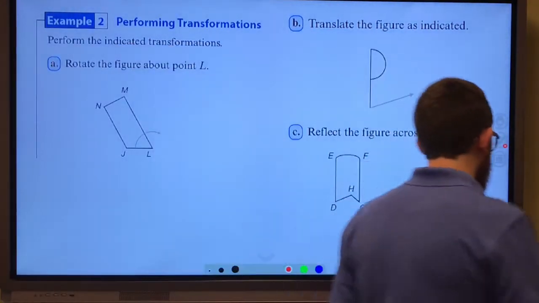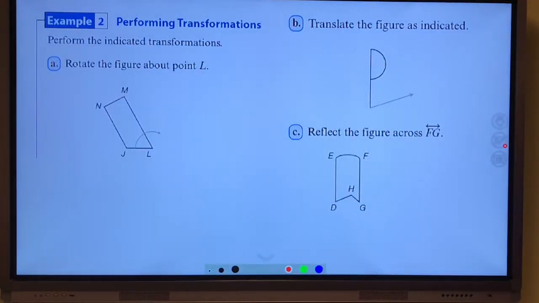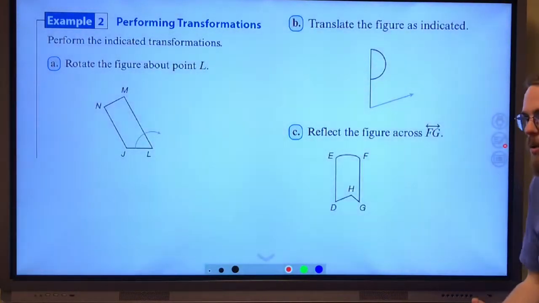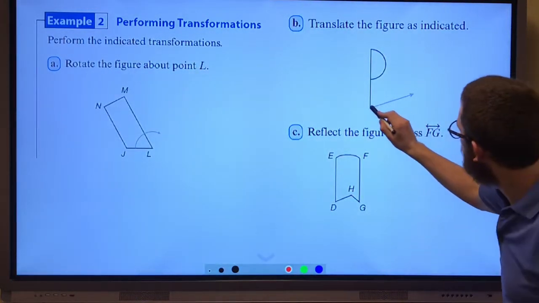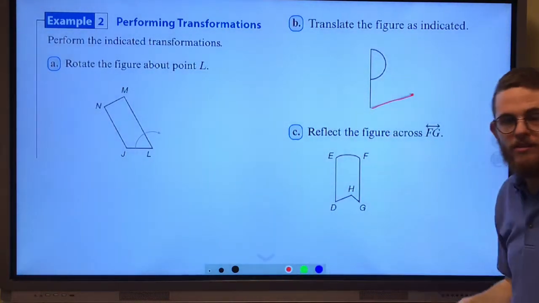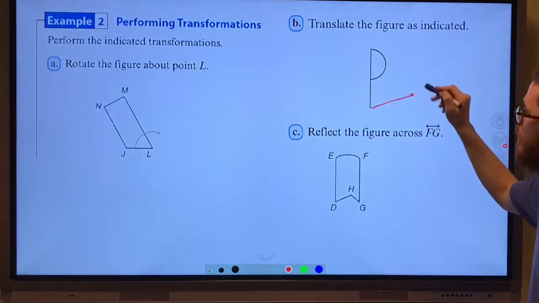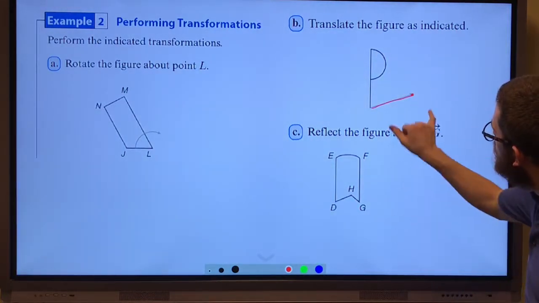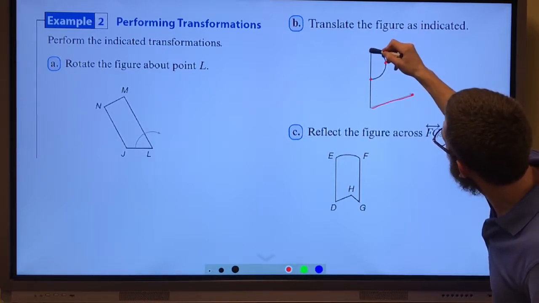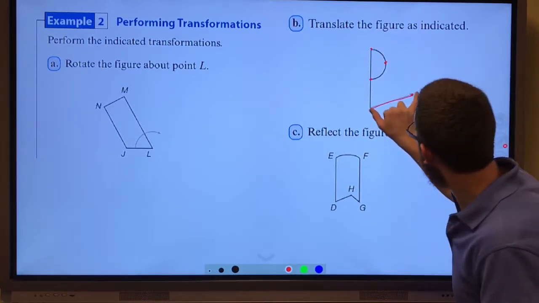Now, continuing with these, B, we want to translate this figure. If we want to perform a translation, we want to slide it. They gave us this segment right here, which has a direction and a length, and we want all of these segments to have that same direction and length. So I'm going to plot a few points that will help me with this. I'm going to measure it.